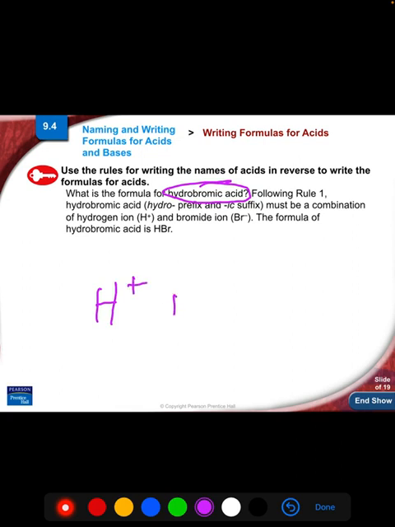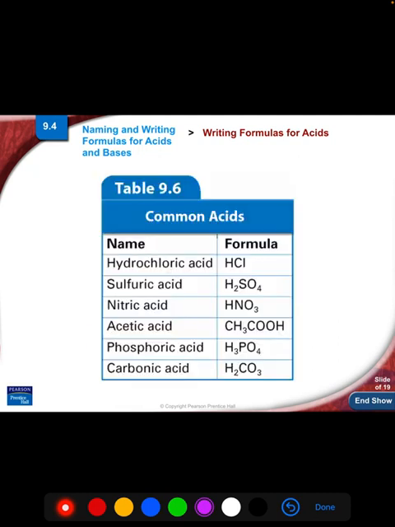So H plus Br minus gives me hydrobromic acid. There's my cation, and that makes it an acid. There's my anion. So these are basically ionic compounds with a few special rules designating them as acids.